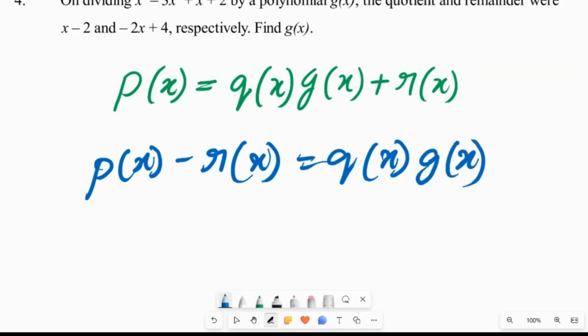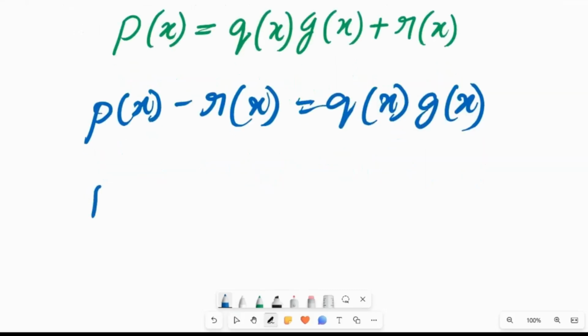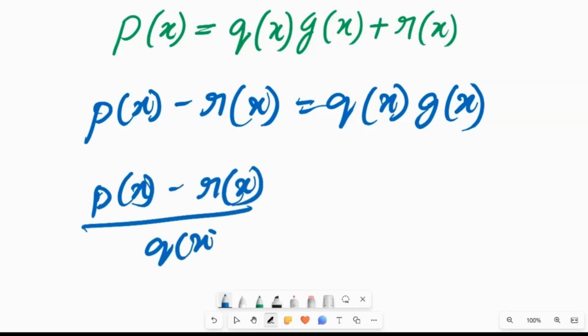And if I bring the q of x onto the left hand side, it would become division. P of x minus r of x by q of x is equal to g of x. So to find g of x, we need to subtract the remainder from the dividend and divide the whole thing by the quotient.